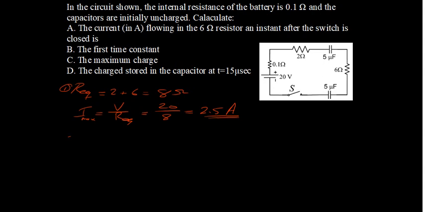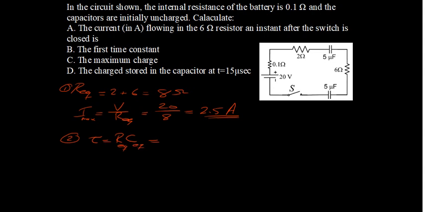For the second part of this question, asking you to calculate the first time constant, tau equals RC. Again, you will be asked to use the equivalent resistance and the equivalent capacitance.